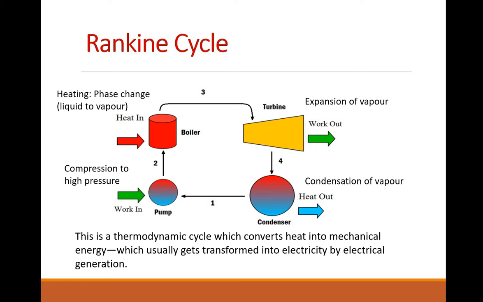Here you can see there are basically four main components in a plant. Those are the pump, the boiler, the turbine and the condenser. The pump performs the operation of compression, compressing the working fluid to a high pressure, which is then allowed into the boiler. The boiler has the job of heating the water to its boiling temperature and then converting it into vapor. So there is a phase change occurring in the boiler, from liquid to vapor.